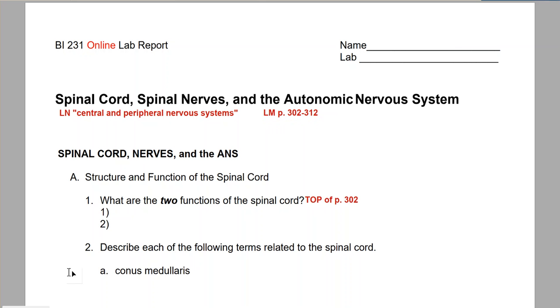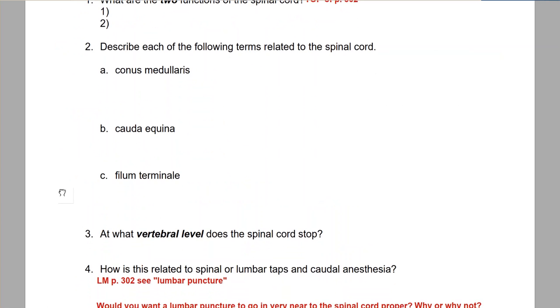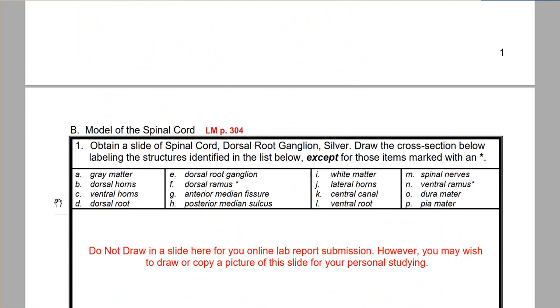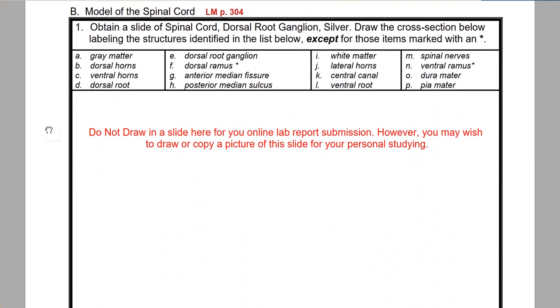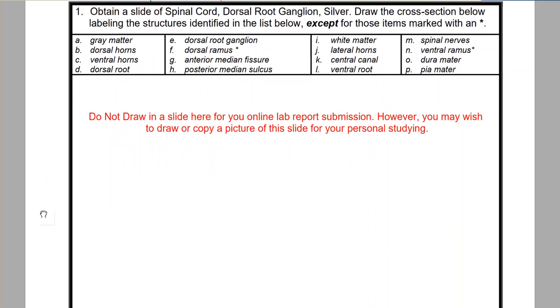And so it covers a little bit about architecture, so we will talk about architecture of the spinal cord, and then a little bit about lumbar taps. And then the next page goes on to talk about a cross-section of the spinal cord. You can see a picture of that on 304, and then we will look at the pictures that the instructions send you to as well.